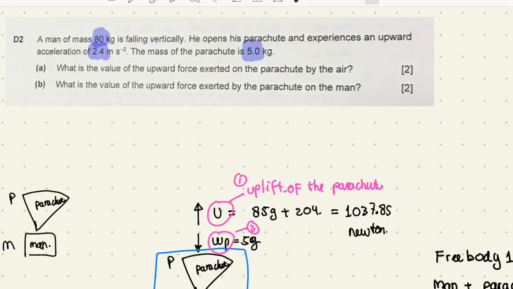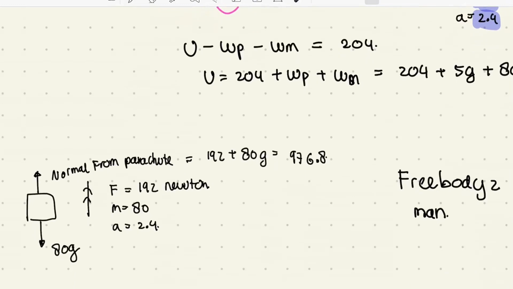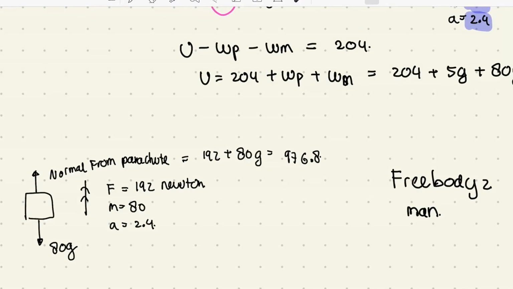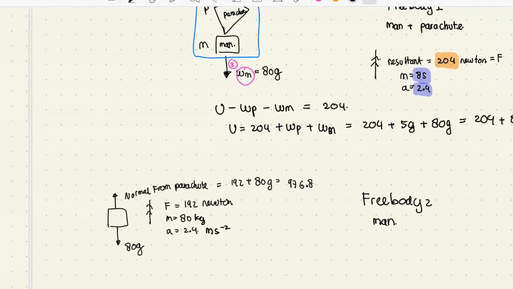For question B, what is the value of upward force exerted by the parachute on man? Very simple. We do the man only, which means the mass you put 80 kg, and acceleration is 2.4 meter per second square.